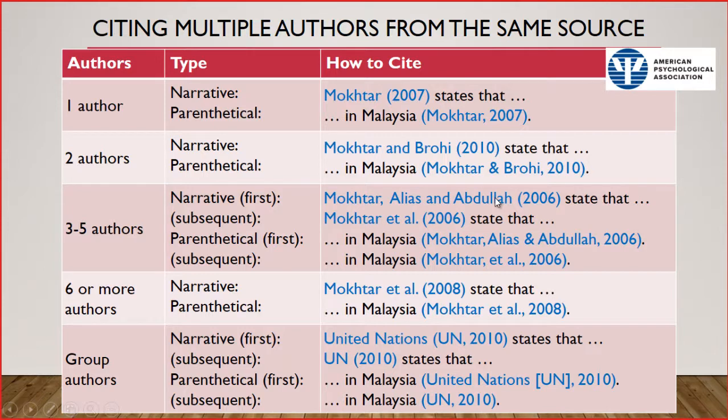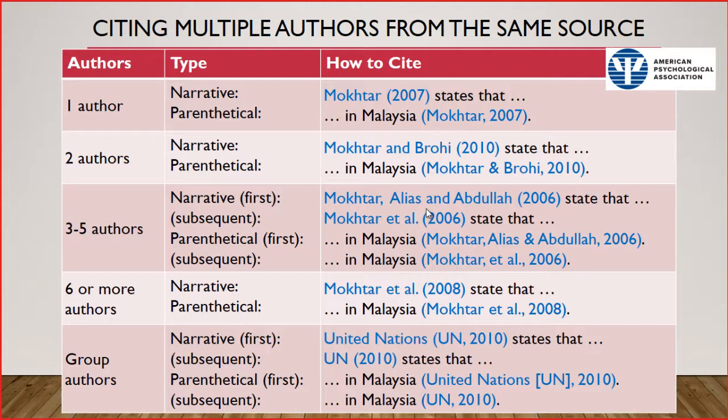So you must list them, with commas, and use 'and'. This is narrative, 2006, state that, and something. That is the first occurrence when you use it in your article.